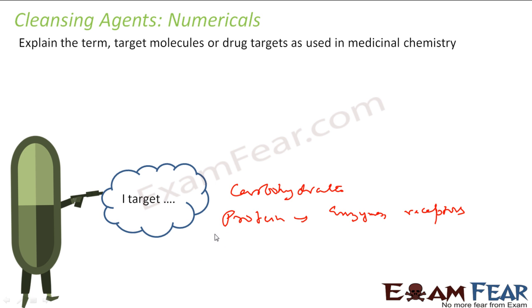They also target lipids. They can also target nucleic acids. So these are the macromolecules inside the body, and these medicines target some of them. To understand the medicine better, it's good to classify them by drug target and to know which macromolecules it is targeting.